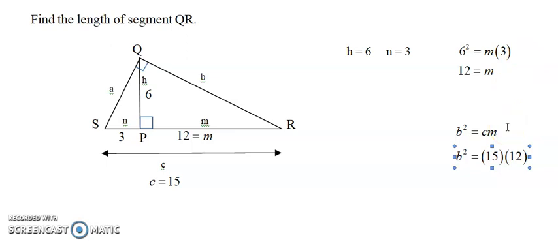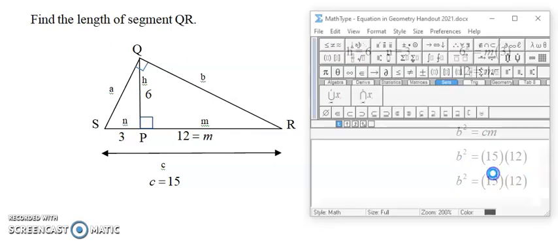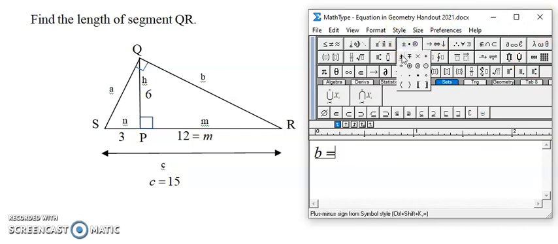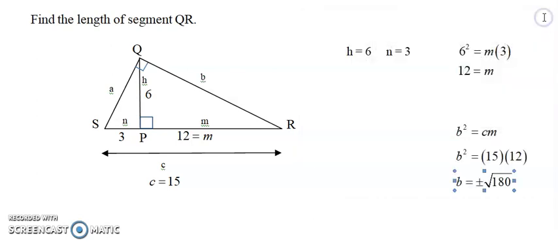And it turns out that B is equal to plus or minus the square root of 180. We know that it has to be positive because we're looking for a length.